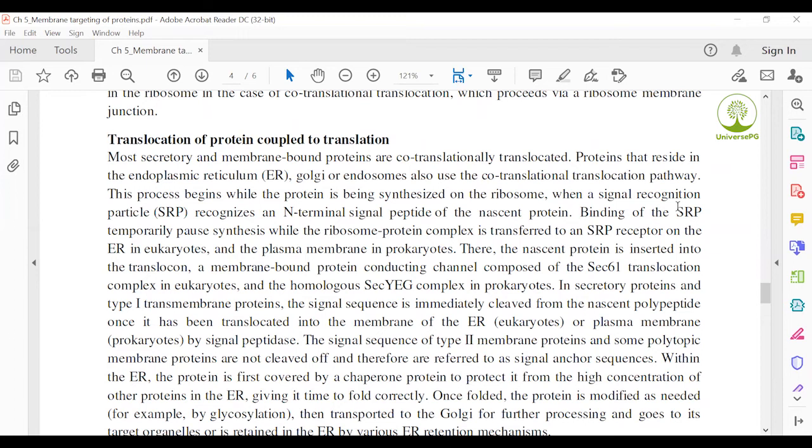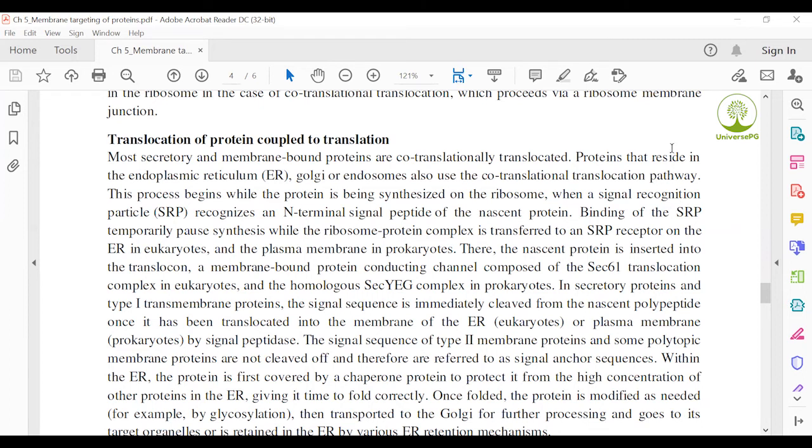There the nascent protein is inserted into the translocon, a membrane-bound protein conducting channel composed of the Sec61 translocation complex in eukaryotes and the homologous SecYEG complex in prokaryotes.